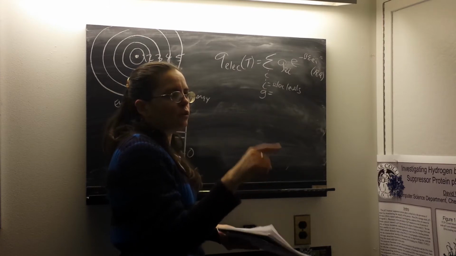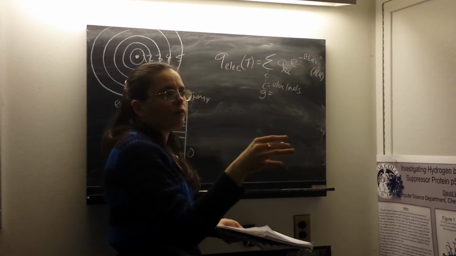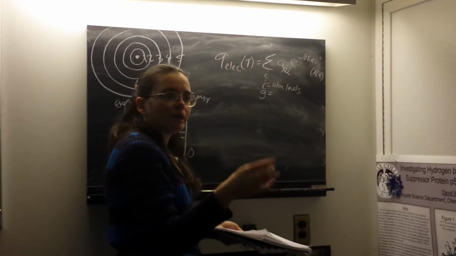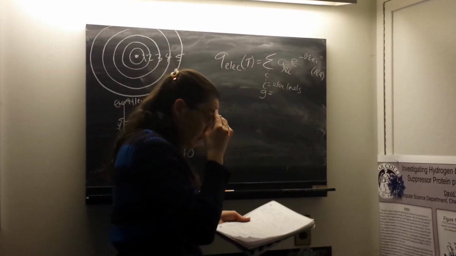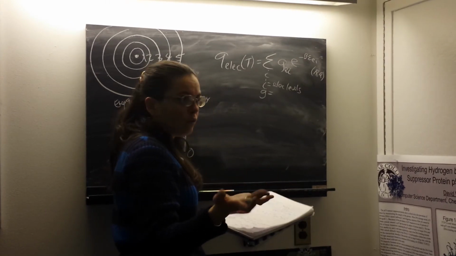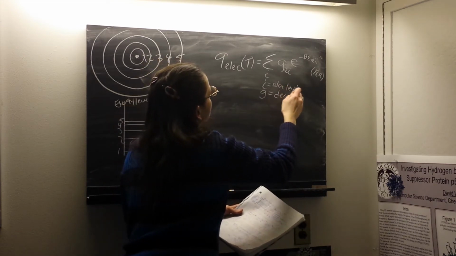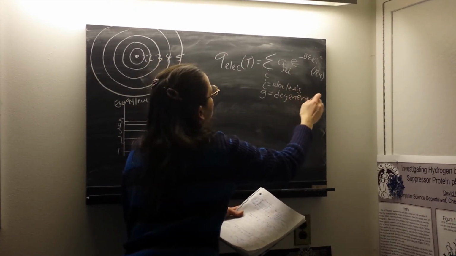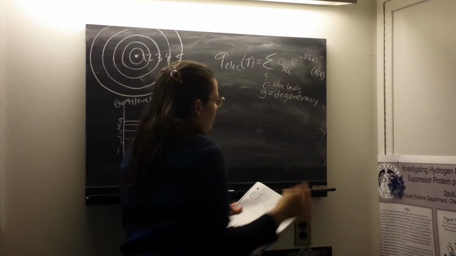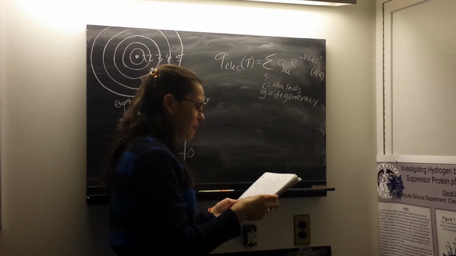So when you draw the lobes in gen chem with the px, py, and pz, we have 3 different orbitals and they all have the same energy, they just differ in their orientation. So we're going to have a degeneracy term so that we could take into account energy levels which are the same value. So the degeneracy number would basically just tell how many orbitals have the same energy.